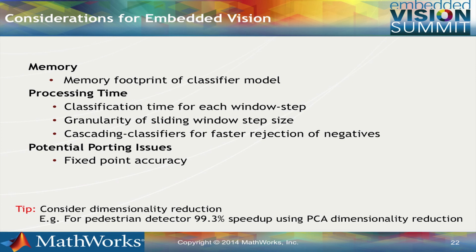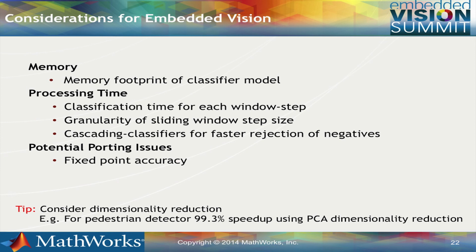And what that did is when I trained my SVM classifier, I had fewer support vectors, one, and two, since my feature was of a lower dimensionality, the number of operations required for each step of that sliding window was substantially less. And that gave me about a 99% speed up with maybe a 2 or 3% loss in accuracy. And these are the trade-offs that you're going to want to consider when you're trying to optimize your detectors for embedded implementation.